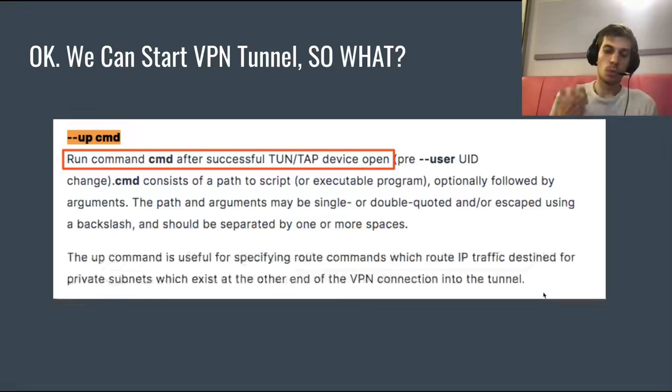So once the OpenVPN instance is started and it tries to configure the TUN and TAP virtual network interfaces, if the configuration that OpenVPN started upon contains the up command, it will execute this command after starting the TUN or TAP device.